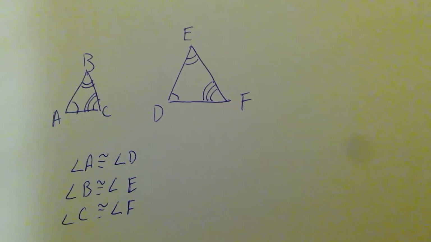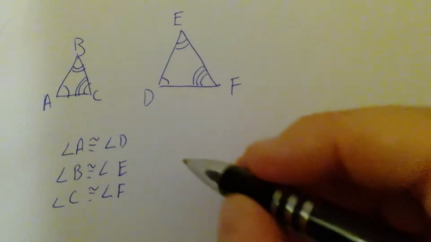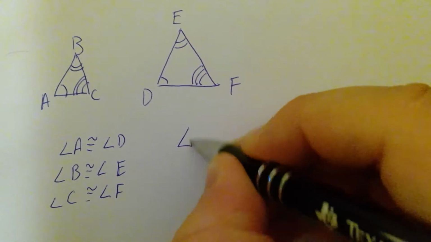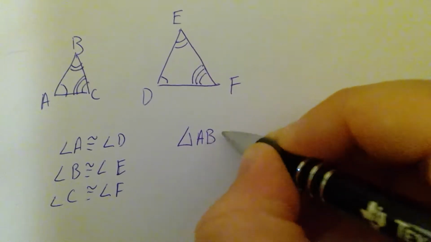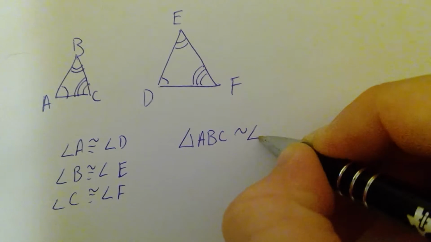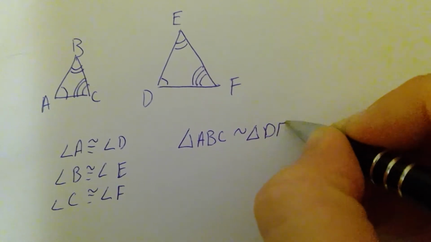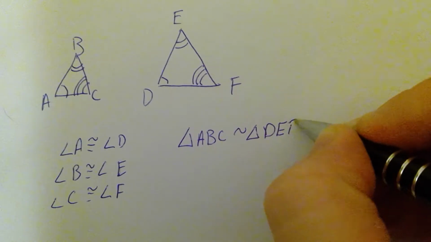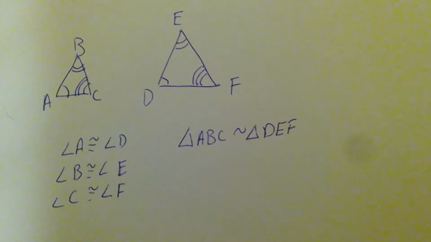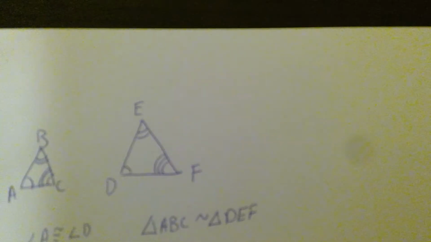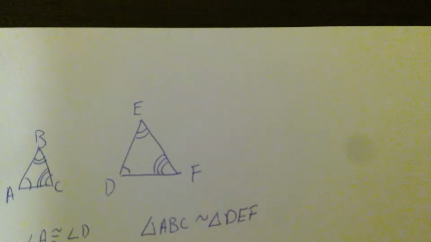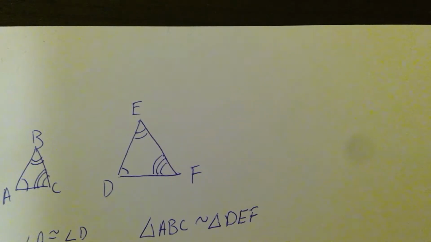Okay, now what I can also do is I can also look at a dilation. Before we leave this one, let's make a similarity statement. Triangle ABC is similar to triangle DEF. Now let's go ahead and look at a dilation that we've seen before. Okay.